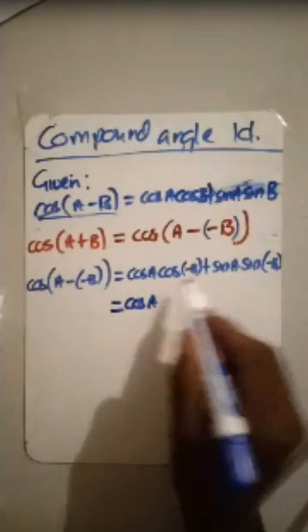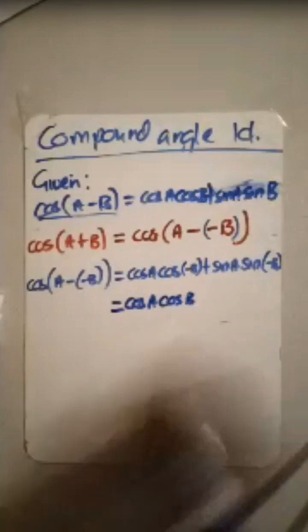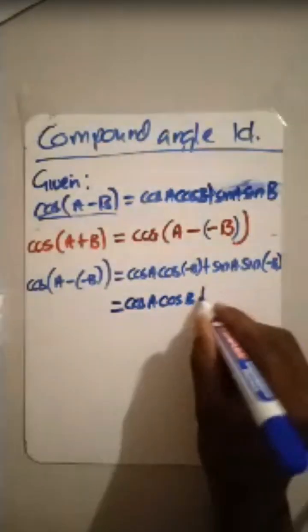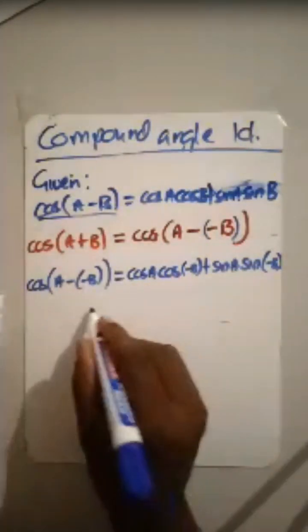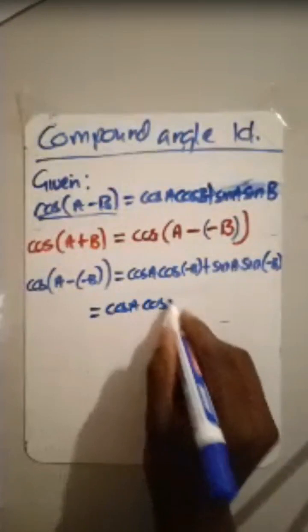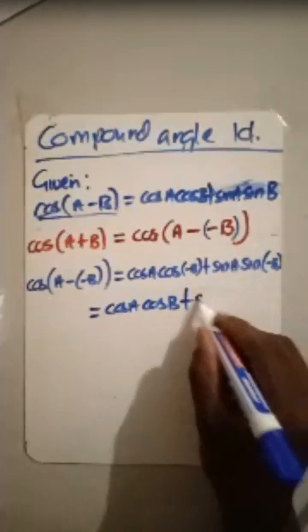So cos negative B is going to be the same as cos B. Then plus sine, let me wrap this one so that I can have more space. Cos A, cos B, right. Plus sine A remains sine A.